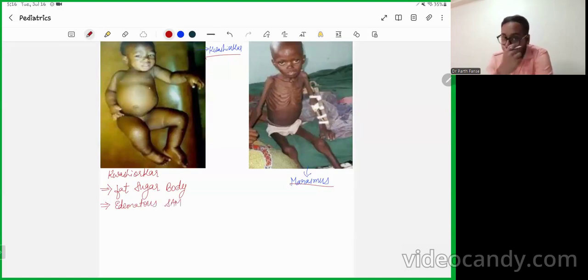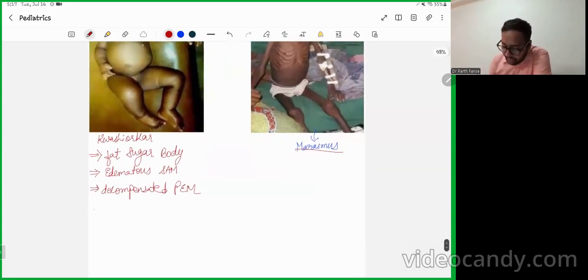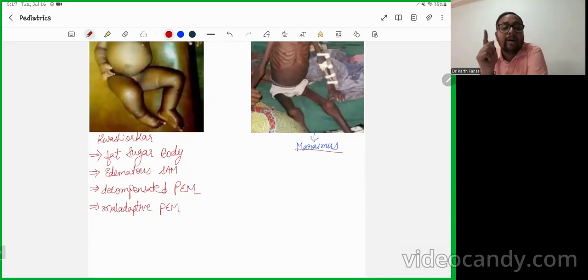Edema, which is seen in severe acute malnutrition, is kwashiorkor, and it is also called decompensated, meaning the body is not compensating anything. Decompensated protein energy malnutrition, and you can also call it maladaptive, meaning there is no adaptation seen from the child. That is maladaptive PEM. Done. Fine enough.